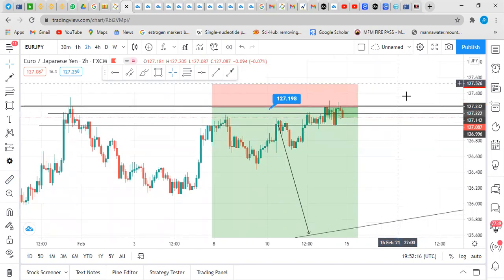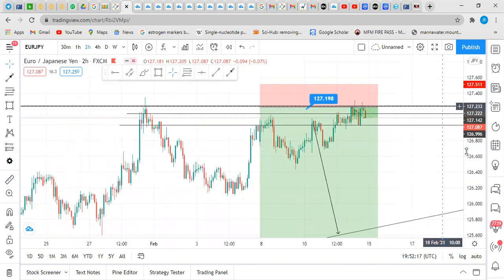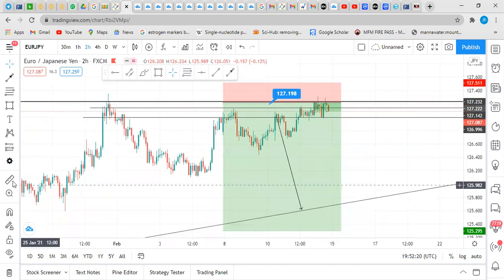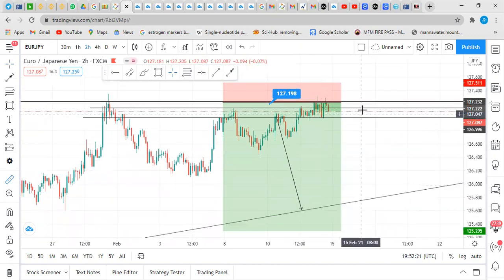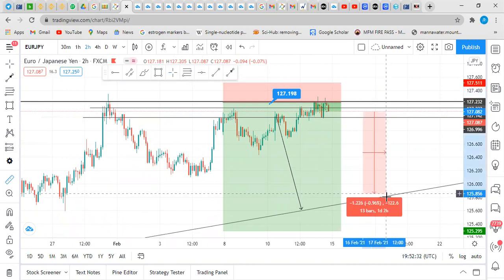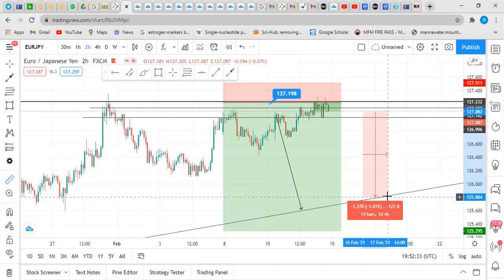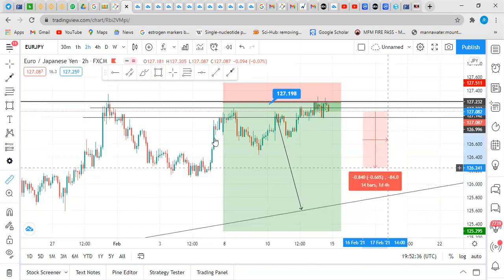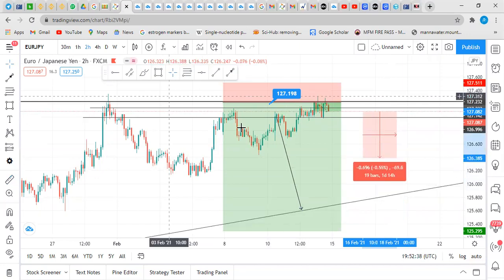So it's still a good trade to take for this new week. If you are taking this trade in this new week now, your stop loss will be around 45 pips. You are risking 45 pips to make around 127 pips. So it's still a good trade to take on Eurojpy.